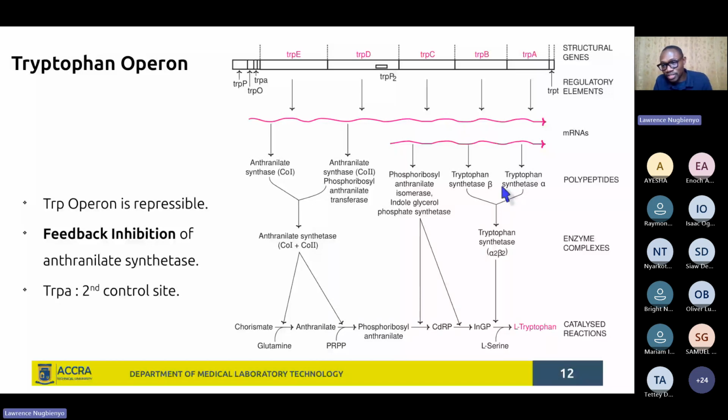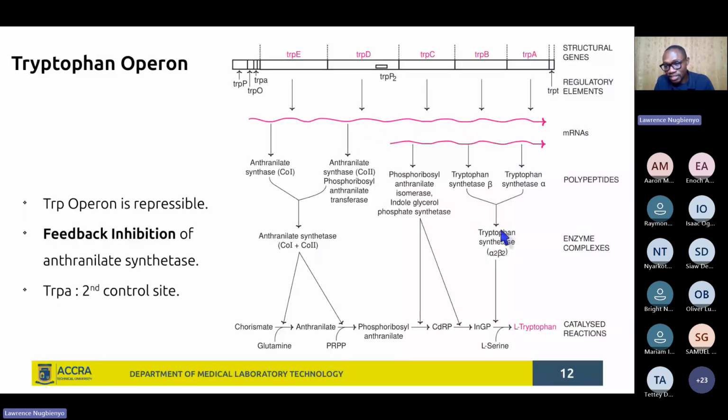And even these proteins, for instance, tryptophan synthetase alpha and tryptophan synthetase beta, the 2 of them actually form a complex. So you now have an enzyme complex being formed, just like the way you have the hemoglobin molecule, 2 alpha chains, 2 beta chains. The same thing you are seeing here, also a tetramer.